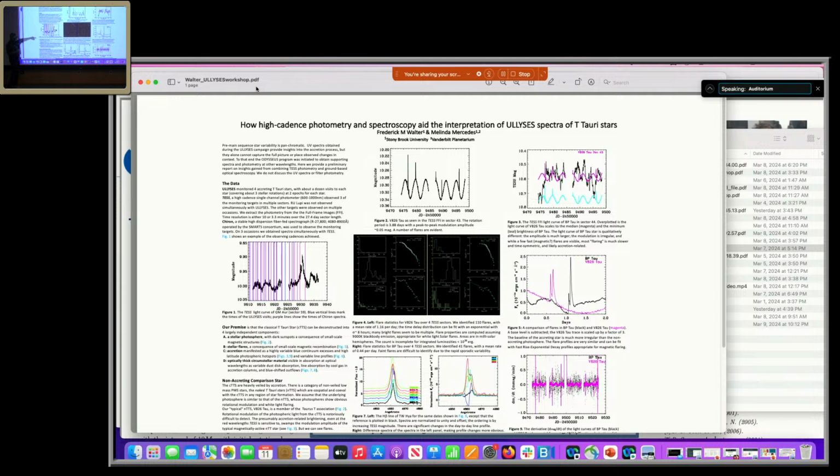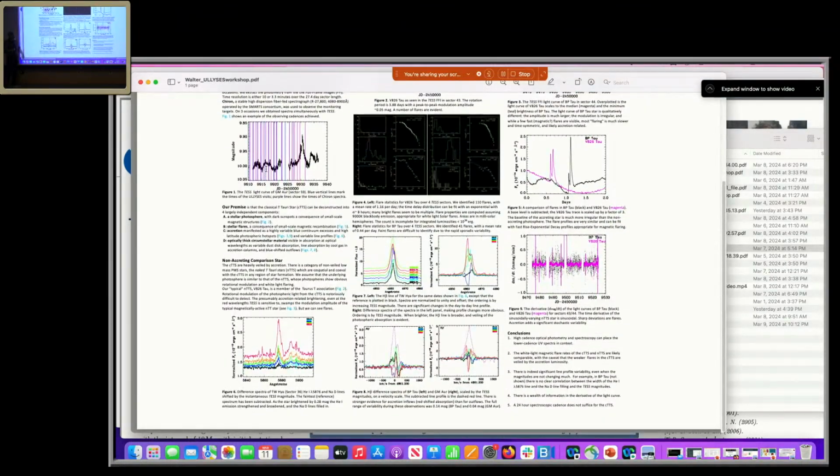We have a premise that we can deconstruct these pre-main sequence stars into 4 components: the photosphere, flares, accretion, and optically thick circumstellar material, occulting the star on occasion. I have yet to convince the review panel that this is the way to go, but I'm still trying. Can you scroll up just a bit? The spectra are down at the bottom.